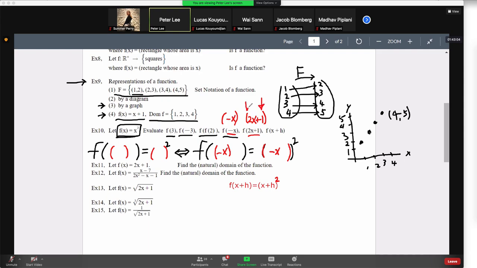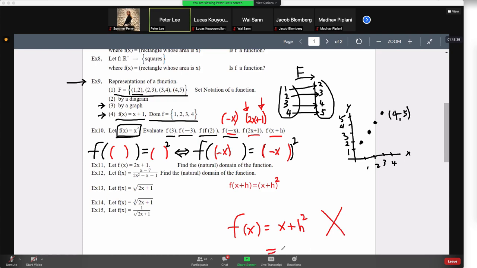That's how you plug in. When you put in x plus h, don't just put in x plus h. So for example, if you say f of x is equal to x plus h squared like this, then of course this will be a mistake. That will be wrong.